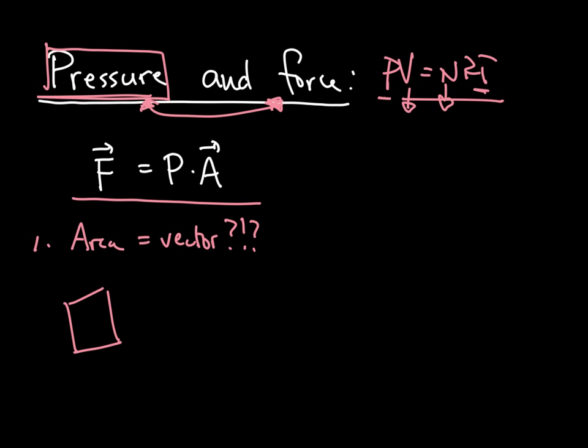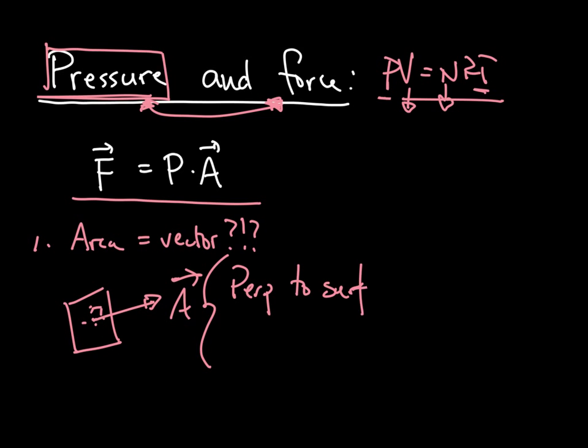And so the area vector points perpendicular to the surface itself, and its magnitude is the area. So why not call it a vector?